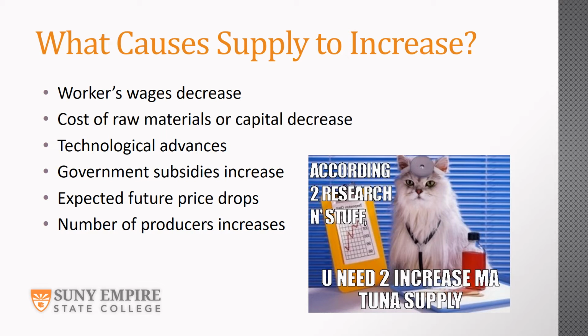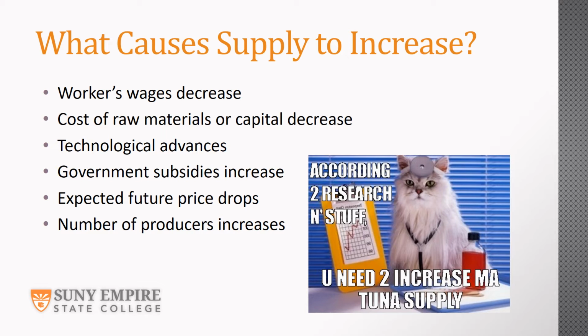We will focus on some factors that cause supply to increase. Many of these factors increase supply as a result of lowering some cost of production. If a product costs less to make, then the profit is greater. This in turn leads to a higher supply.